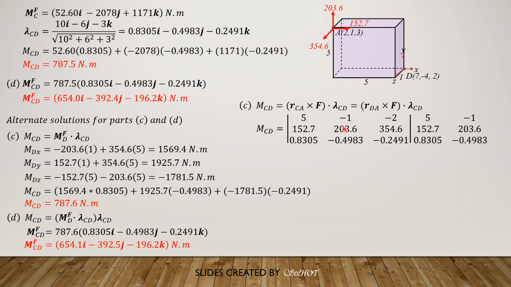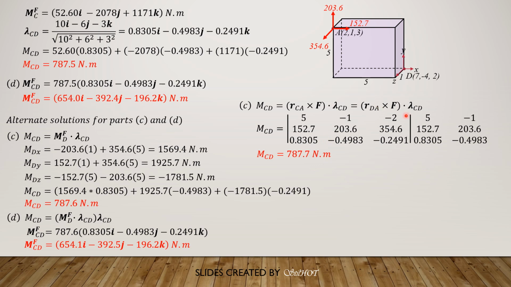So 5 times 203.6 times negative 0.2491 plus negative 1 times 354.6 times 0.8305 plus negative 2 times 152.7 times negative 0.4983 minus the quantity 0.8305 times 203.6 times negative 2 plus negative 0.4983 times 354.6 times 5 plus negative 0.2491 times 152.7 times negative 1, so we get an answer of 787.7. So again, the small discrepancy is due to rounding off values.